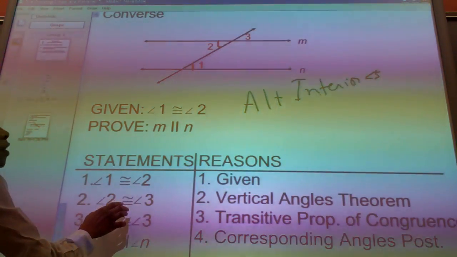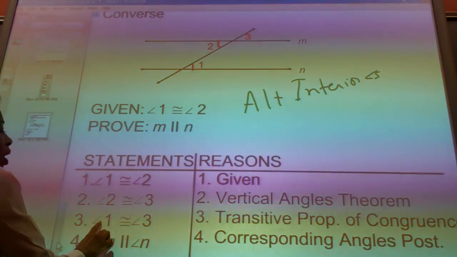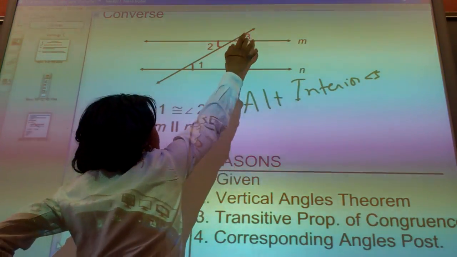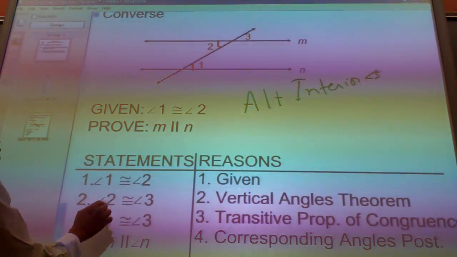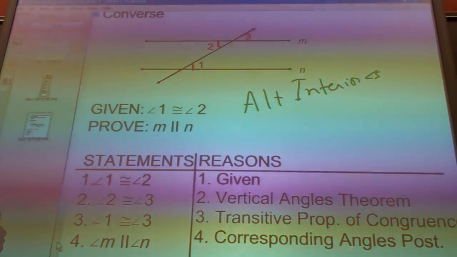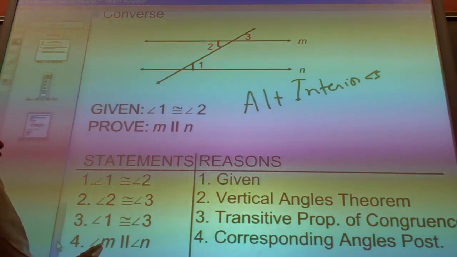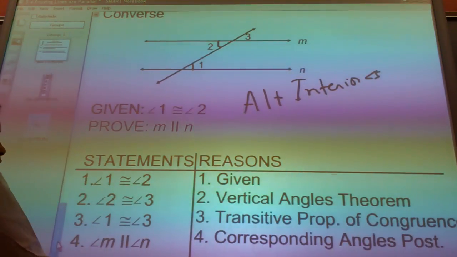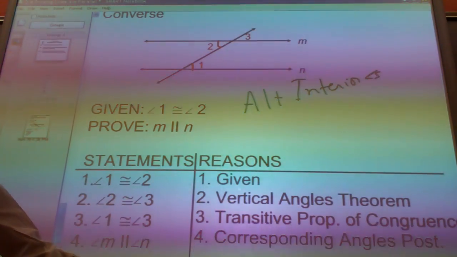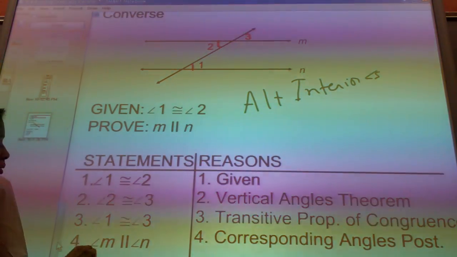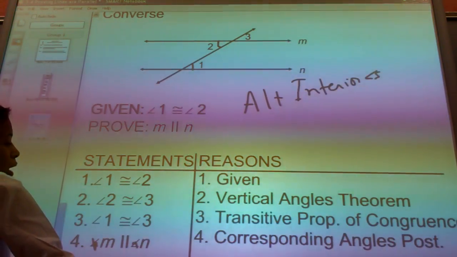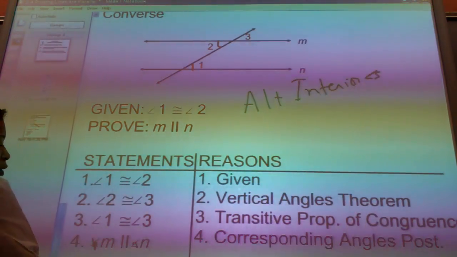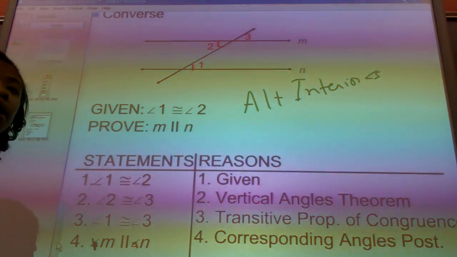Then I go a little step further, and I say angle 1 is congruent to angle 3 by the transitive property. 1 is congruent to 2, 2 is congruent to 3, then that means the first and third are congruent by transitive. Therefore, line M is parallel to line N by the corresponding angles postulate. All right, thank you.